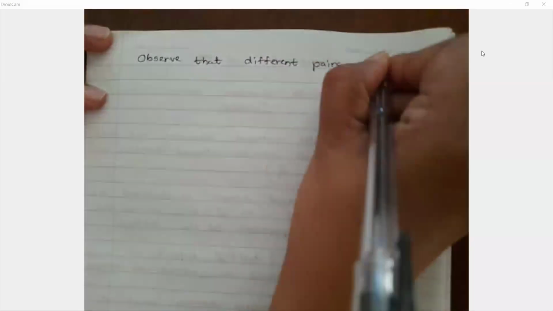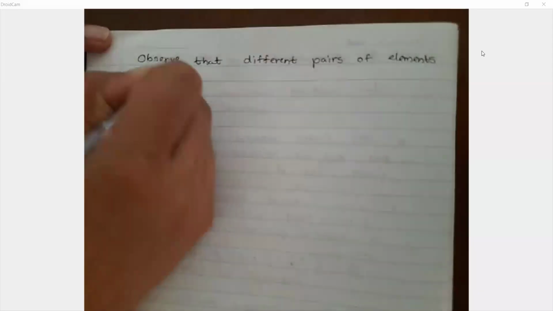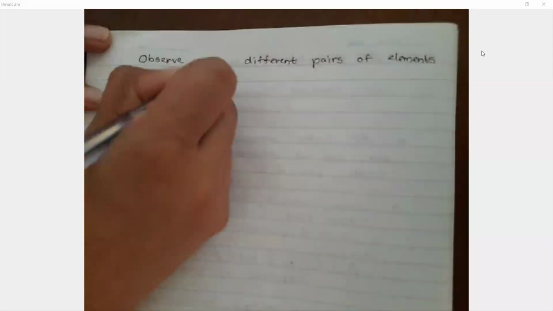Observe that different pairs of elements can represent the same element.